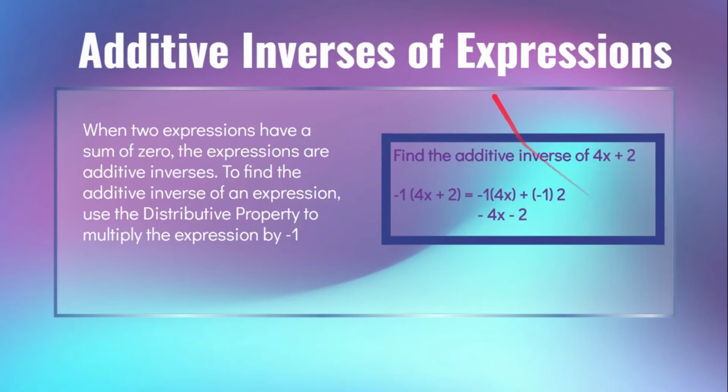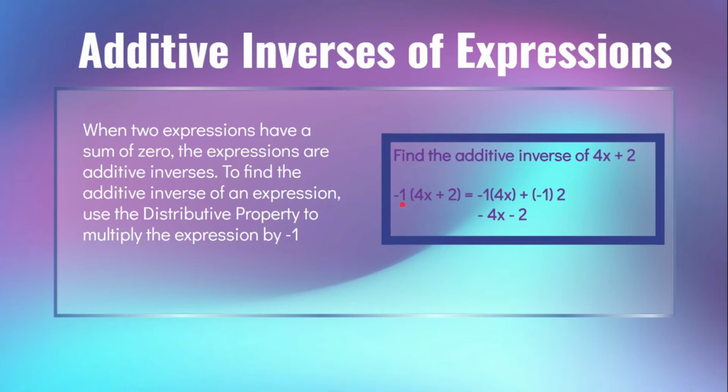Our next vocabulary word is additive inverses of expressions. When two expressions have a sum of 0, the expressions are additive inverses. To find the additive inverse of the expression 4x plus 2, this is our example, we should multiply the expression by negative 1.